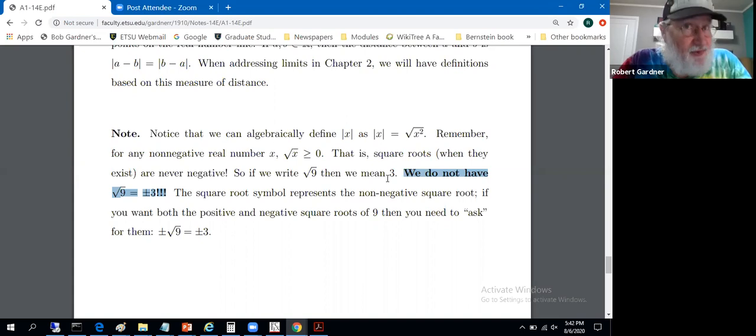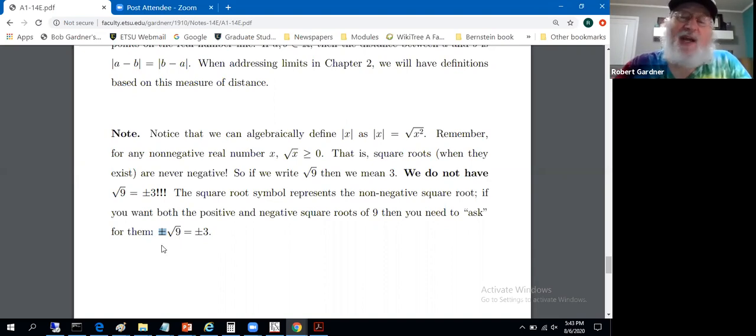You may be interested in plus or minus 3, but the meaning of the symbol square root is that you never get negatives out of square roots. If you want the plus or minus 3 when you're taking the square root of something, you've got to put the plus or minus in front of the square root symbol, because that square root thing is only going to give you the positive one.